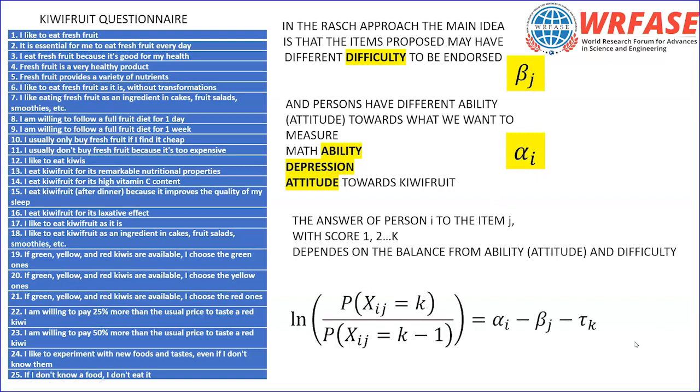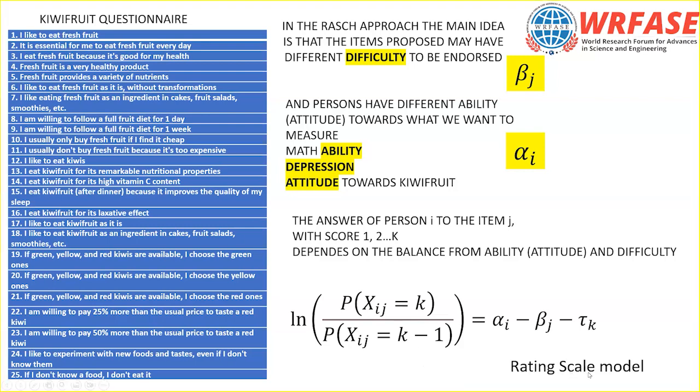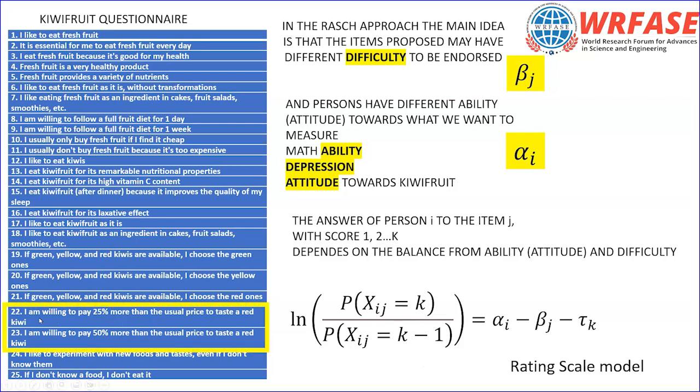In the Rasch model, we assume that the probability of answering K to question J from person I follows a model like this, that is called the rating scale model. For example, here are the two questions, Q22 and Q23, that I showed before. Obviously, Q23 must be more difficult to endorse than Q22.